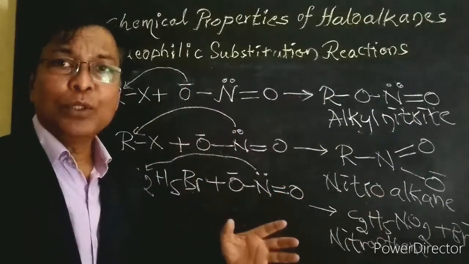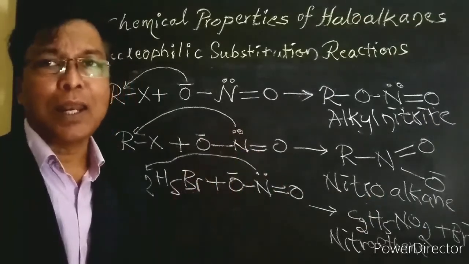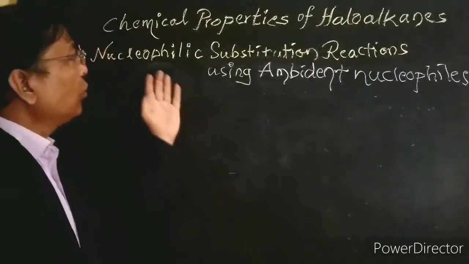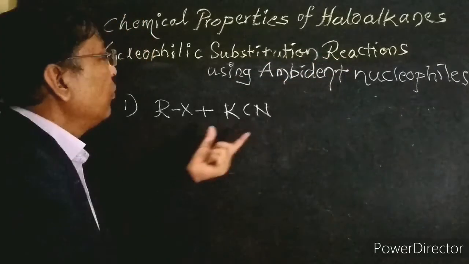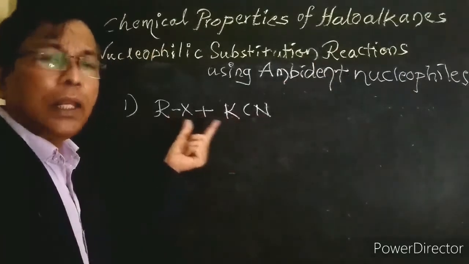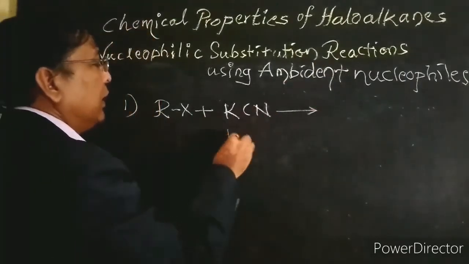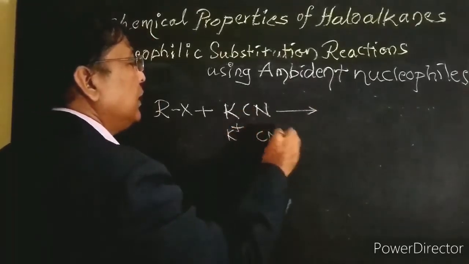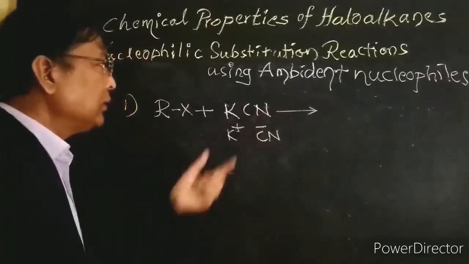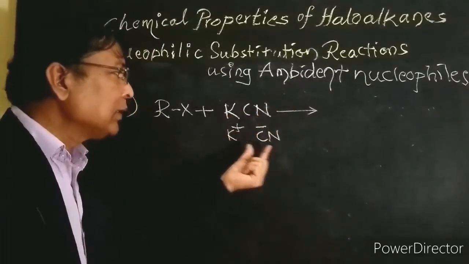Now we are going to take examples of ambident ligands with alkyl halides. Now we will see nucleophilic substitution reactions using ambident ligands. When alkyl halide reacts with KCN, as we know that here K is positive and CN is negative, because this is an ionic compound, so it breaks into K plus and CN minus.